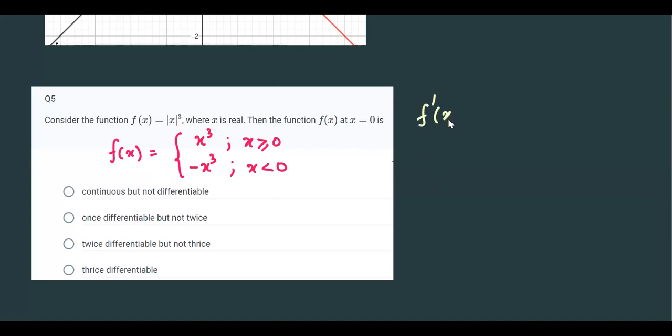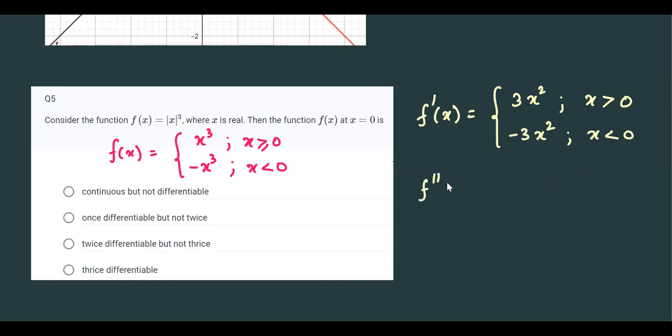For the first derivative, forget about 0. You don't look at 0. Differentiate this: you get 3x square for x greater than 0. Don't write equal to 0 because we don't know. And when x is less than 0, it will be minus 3x square.